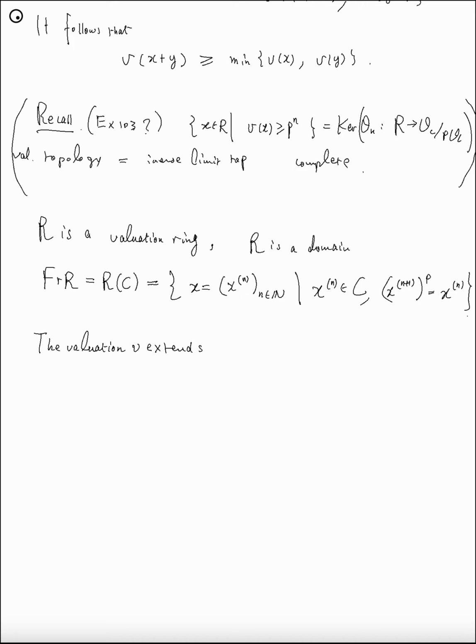Firstly, what I want to say is, is it obvious that this fraction field is R of C? I put this as a sub exercise, okay? Fraction field of R of C. So firstly, you just have to show that this is itself a field and this is the smallest field.